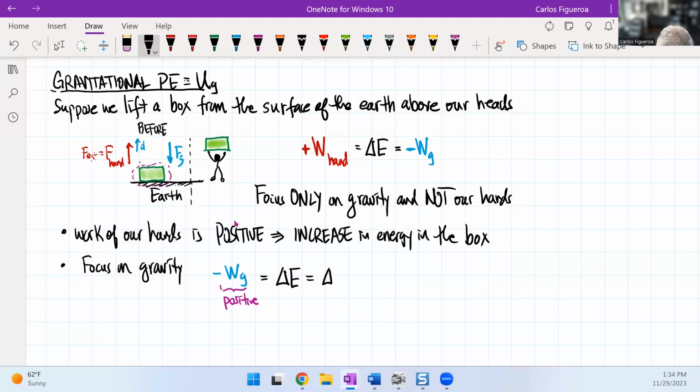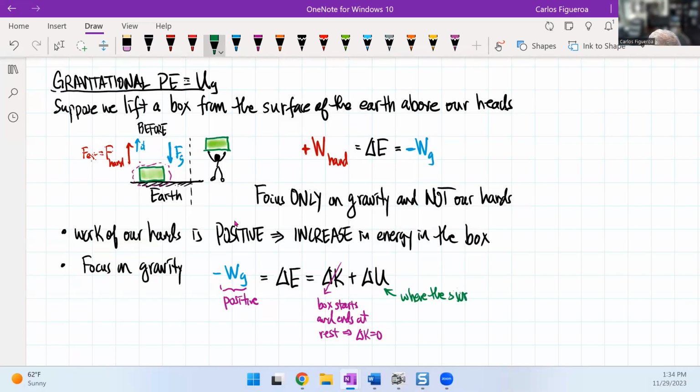Again, we play this game as before. Here, the box starts and ends at rest. Therefore, the kinetic energy change is zero.